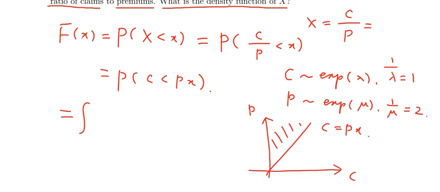So we just change to X, Y. So X is from 0 to infinity. The density function for X is just e to the negative x dx, since they are independent.